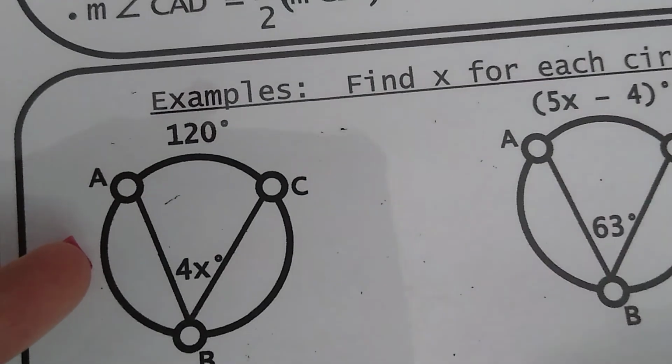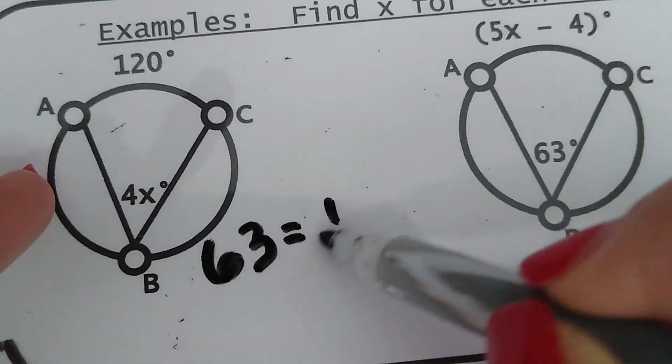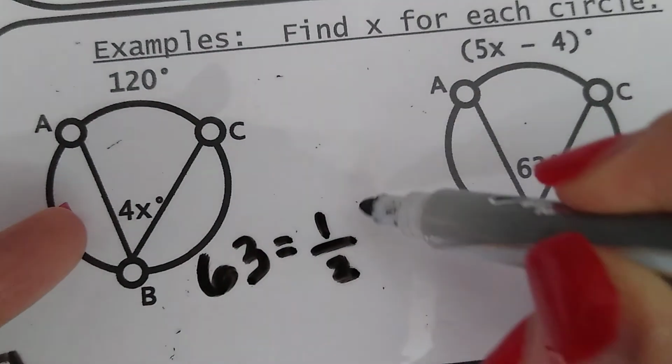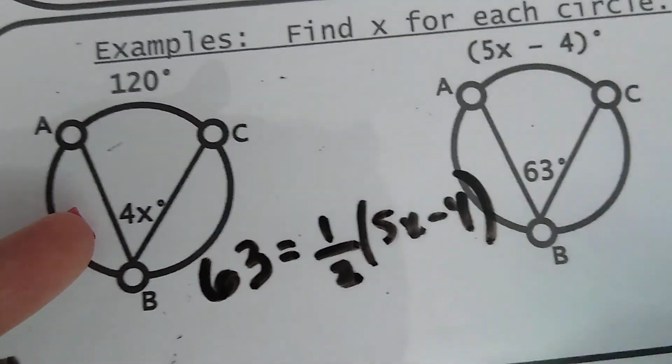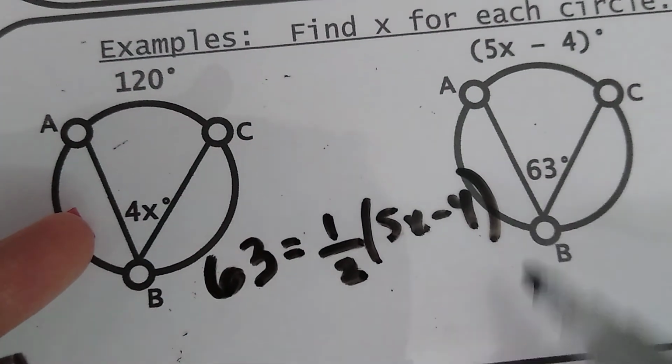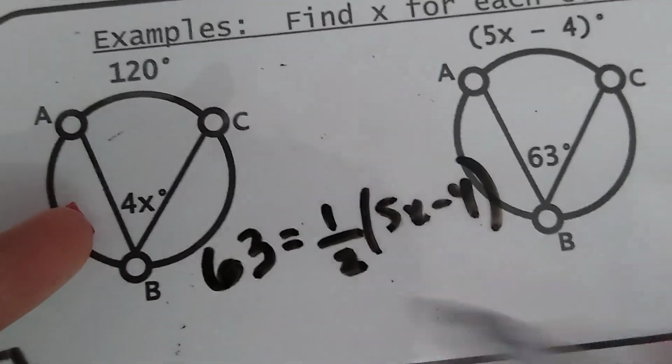I have 63 equals 1/2 of 5x minus 4. I'm going to multiply both sides by 2, because I don't like to work with fractions.